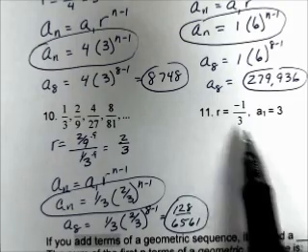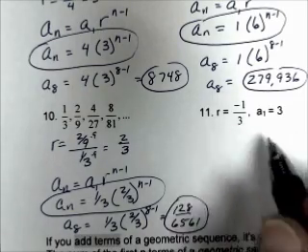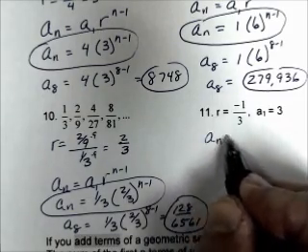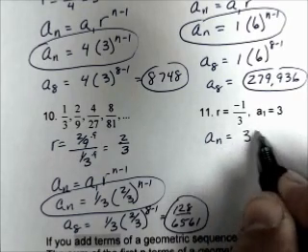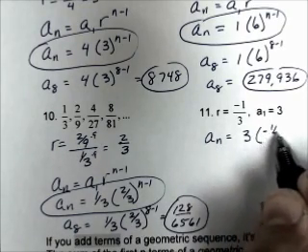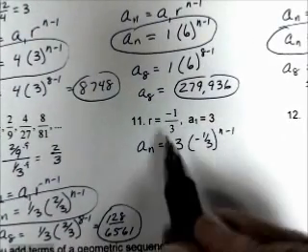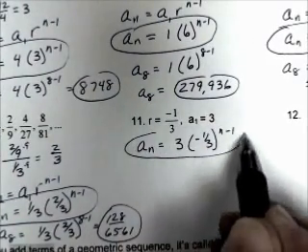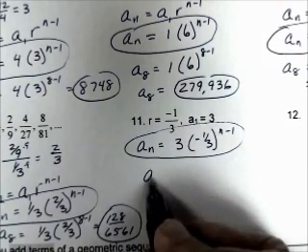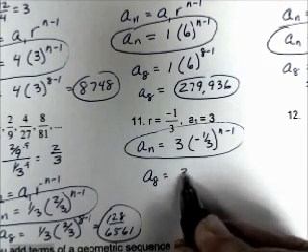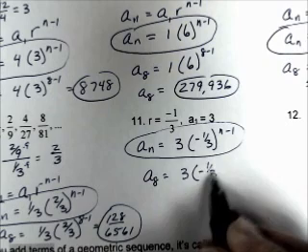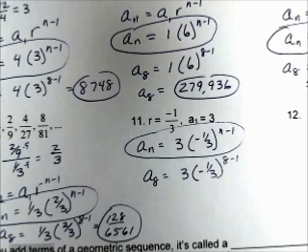And here we have our r value, -1/3. Our first term is 3. So a sub n equals 3 times -1/3 raised to the n minus 1. This is our rule. Substitute 8 in for n. And again, go to the calculator.